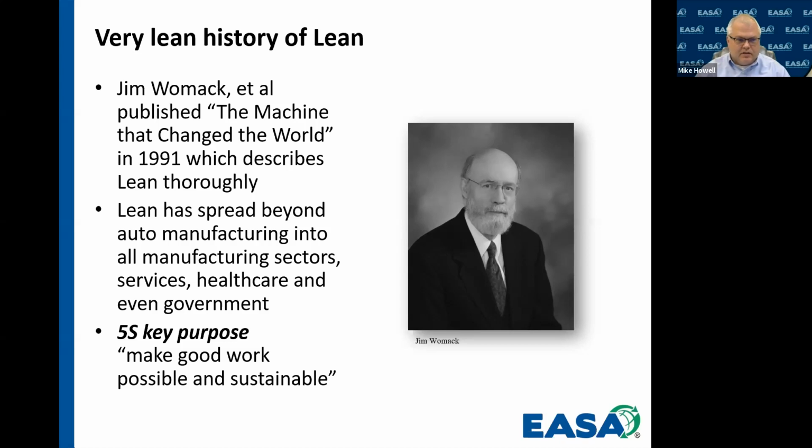And it describes lean thoroughly, goes through most of the processes, again, back through the TPS and the founding of that. As I mentioned before, now lean is spread into all sorts of sectors. The tool we're going to look at today, 5S, is just one tool that's used by organizations that operate under what we would consider lean principles.